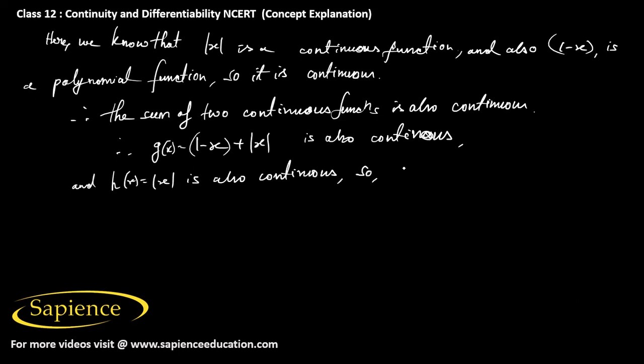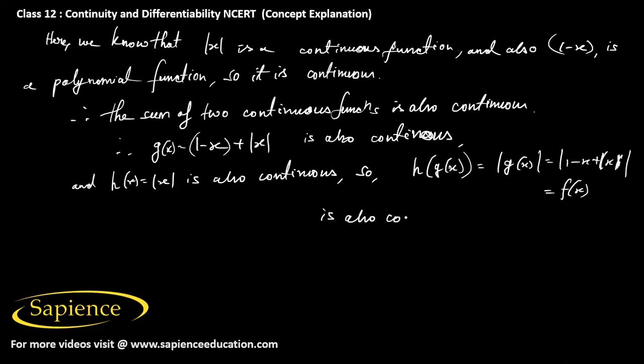Therefore h of g of x, which is equal to mod of g of x, which is equal to mod of 1 minus x plus mod x, which is equal to f of x, is also a continuous function.